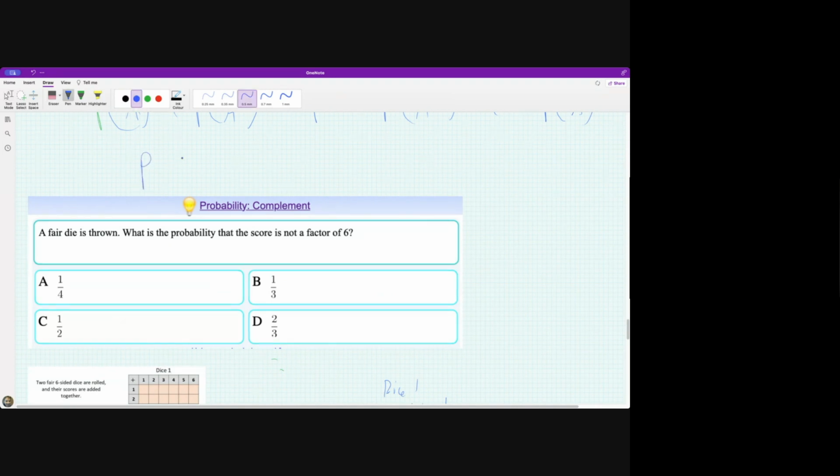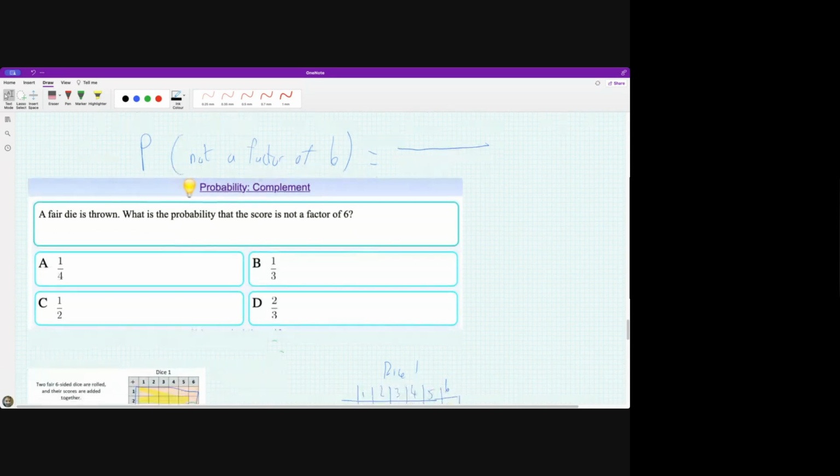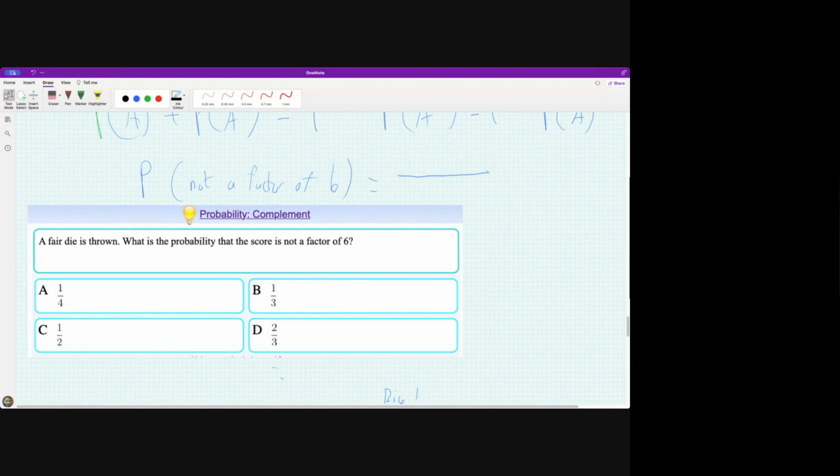So we'll say not a factor of 6. And you're just throwing a normal dice. So there's still going to be 6 outcomes. I want to know how many are not a factor of 6.